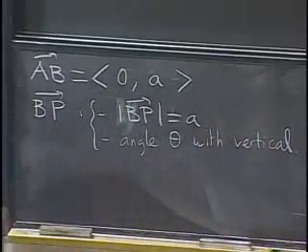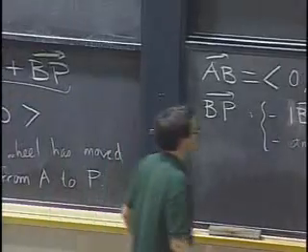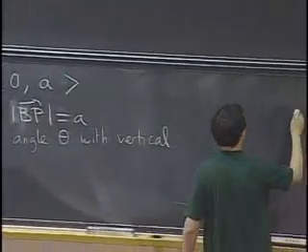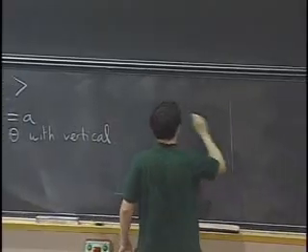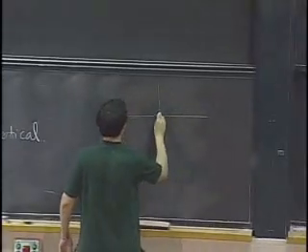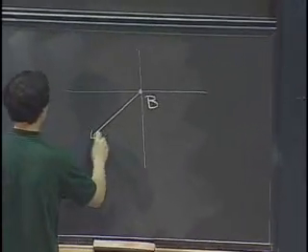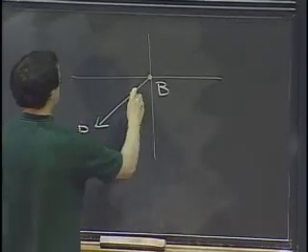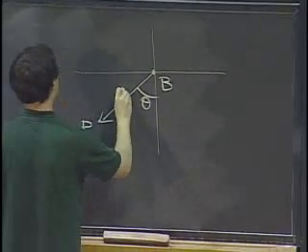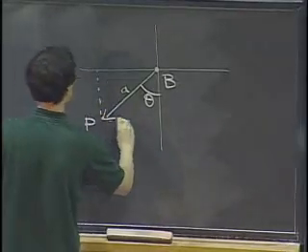So that should let us find its components. Let's draw a close-up picture. Now, in a picture where I'm going to center things at B. So I have my point P. Here I have theta. This length is A. Well, what are the components of BP?